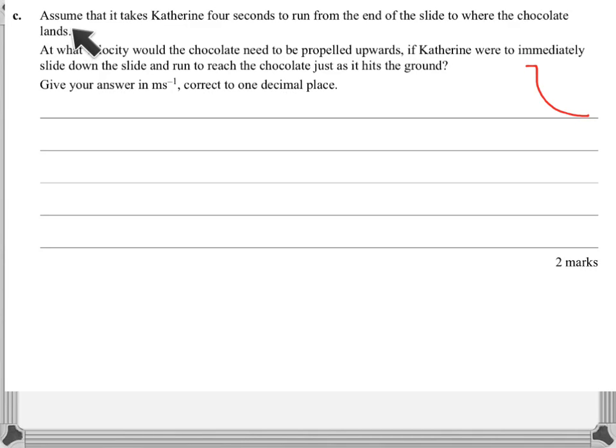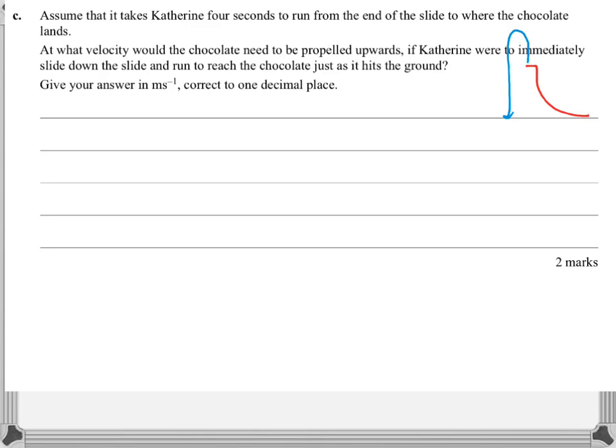Alright, this bit here, assume that it takes 4 seconds to run from the end of the slide to where the chocolate lands. So we've got some time of running from the bottom to catch the chocolate, and then you've got the time from the top of the slide sliding down to the bottom, which we worked out previously in the first part. So that's what the chocolate's doing, going up and going down.